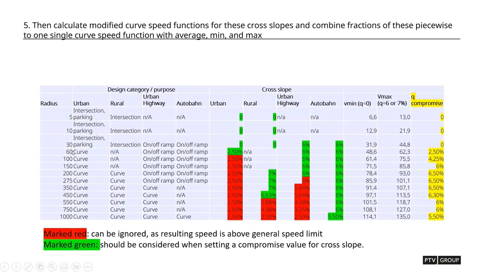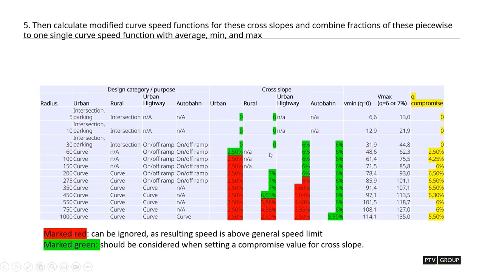Then we go to 60 meters. That's of course something which can exist in an urban setting on a link, on a normal road, and there we might have a supportive cross slope of 2.5%. On urban highways and highways, most of the time there will be a large cross slope of 6%.